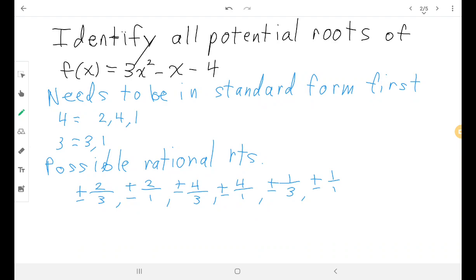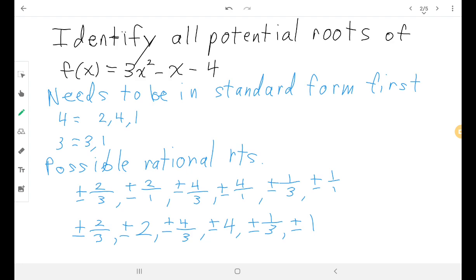And then I'll just clean those up a little bit and call it plus or minus 2 over 3 plus or minus 2 over 1 is 2 plus or minus 4 over 3 plus or minus 4 over 1, which is just 4, plus or minus 1 over 3, and plus or minus 1 over 1, which is just 1.